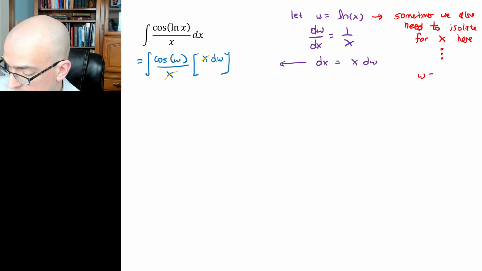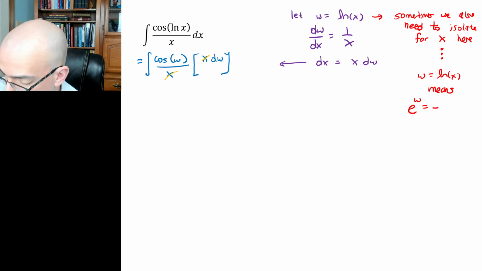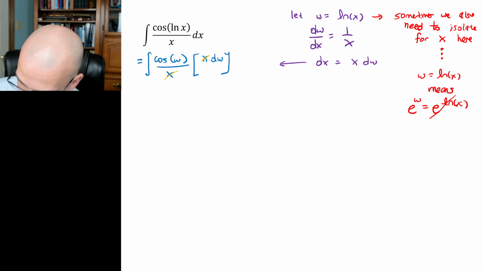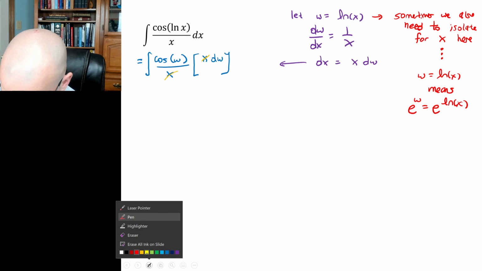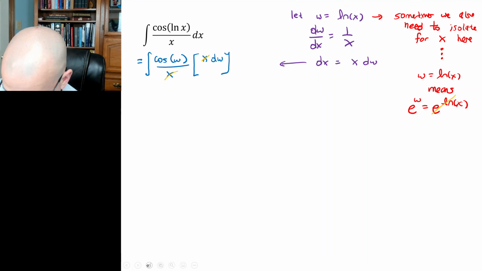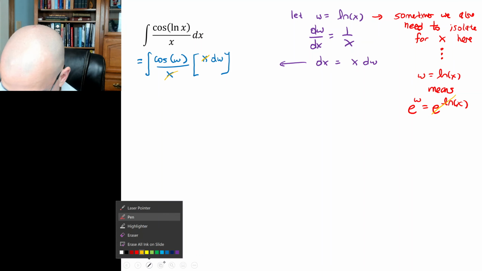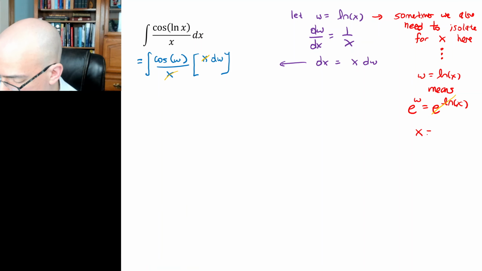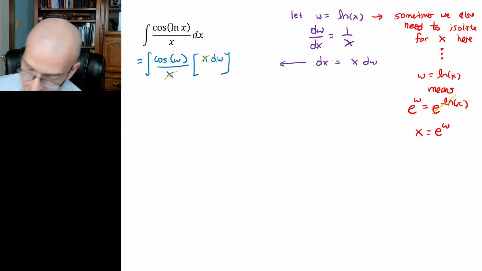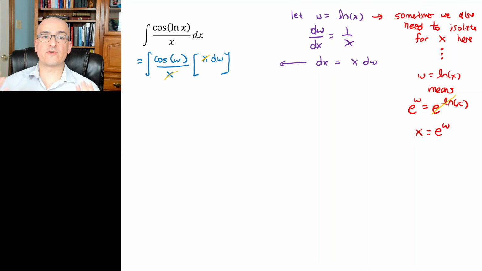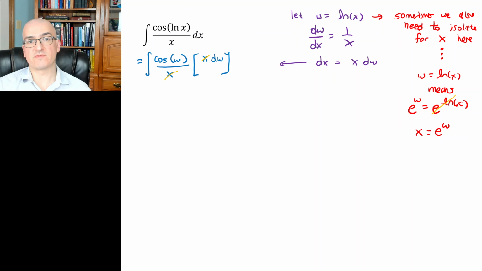So w equals ln of x means exponentiate both sides. e to the w is equal to e to ln of x. Cancellation law. So that means x is equal to e to the w. And we may need to use that. We may need to substitute that into the expression somewhere to get it in terms of w.